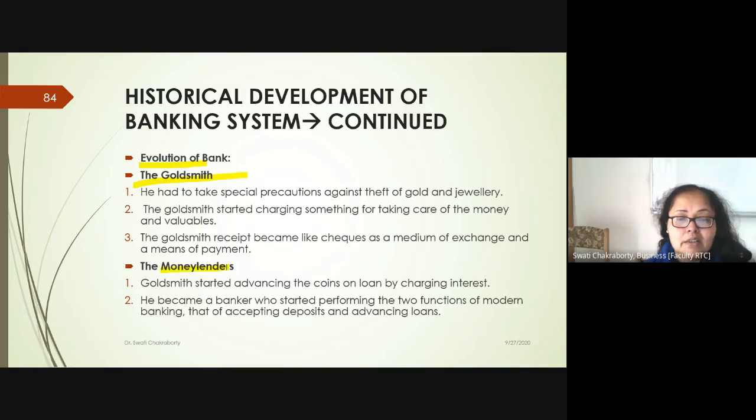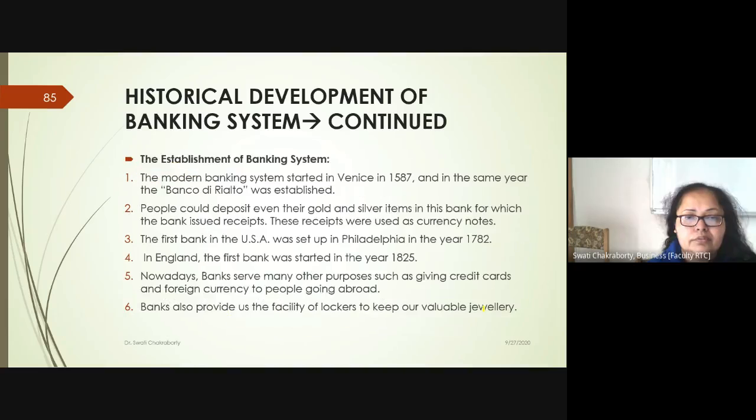Moneylenders: now the goldsmith started advancing coins on loan, charging interest. So from keeping gold and jewelry, he started advancing loans. So it became moneylenders. He became a banker who started performing two functions, that is, accepting deposits and advancing loans.